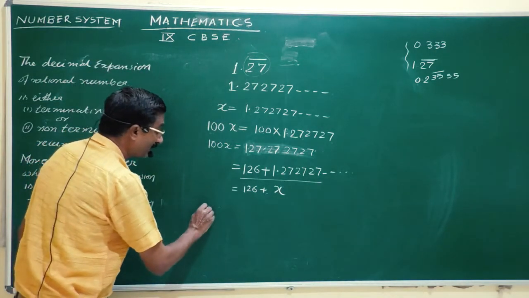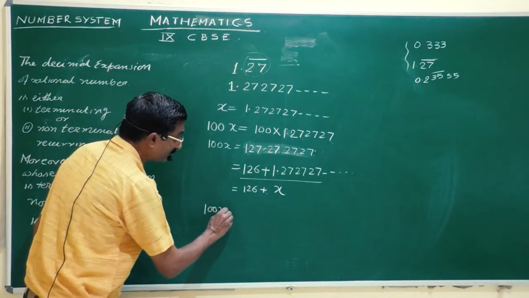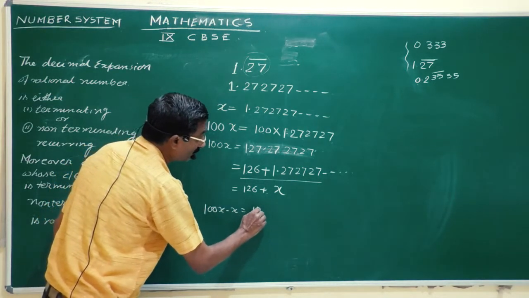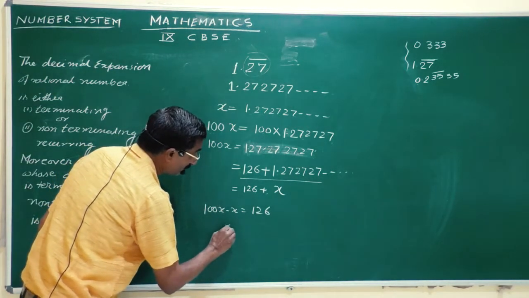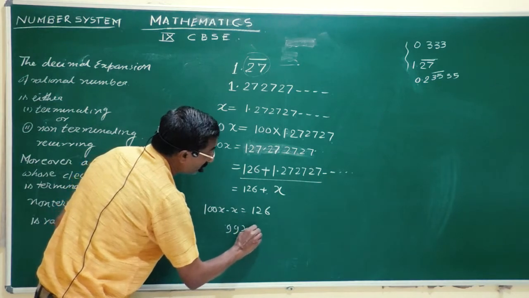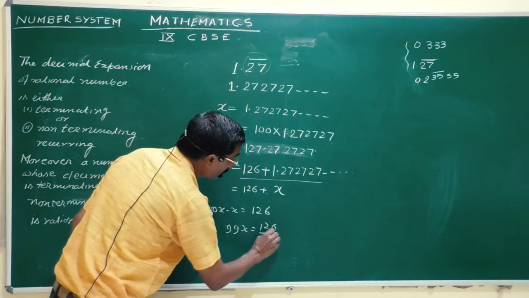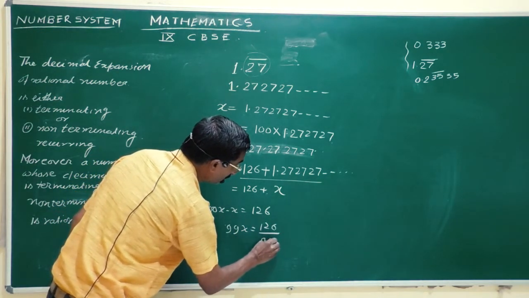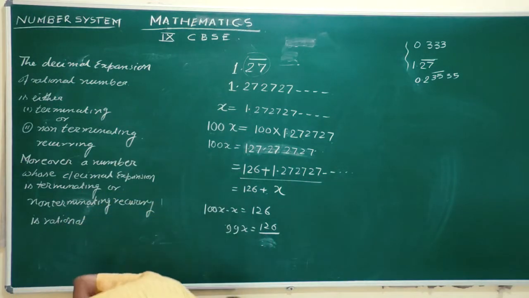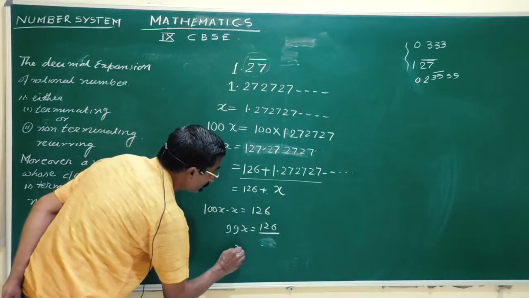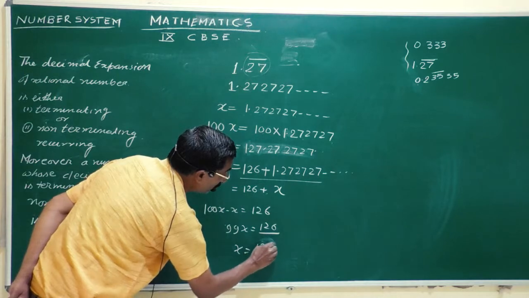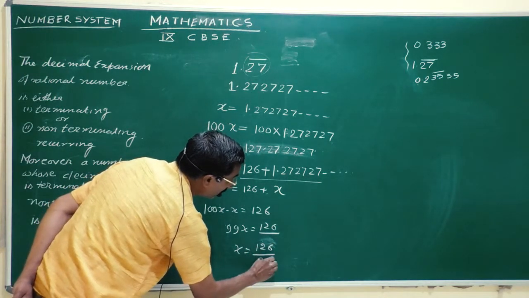So again, transposing it, 100x minus x is equal to 126. So 99x is equal to 126, so x is equal to 126 upon 99.